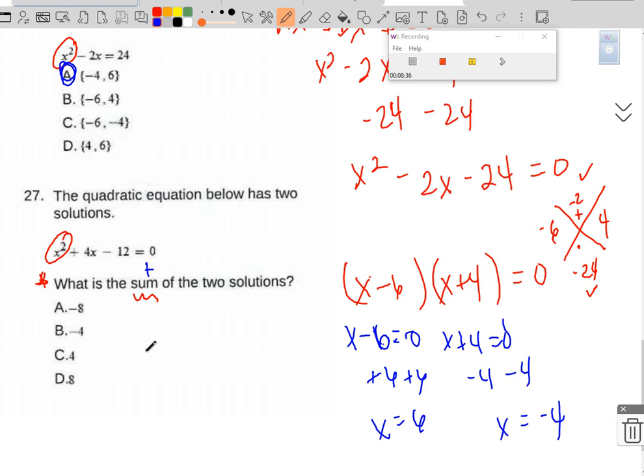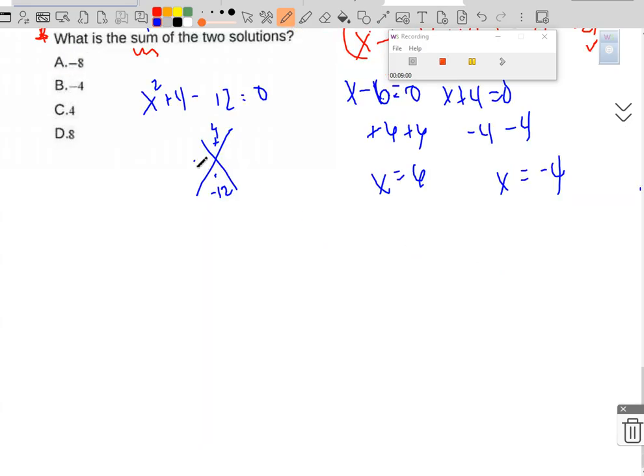So x squared plus 4x minus 12 is already in the standard form. Is this one going to be easy to factor? Are there factors of 12, negative 12 rather, that we could add to get positive 4? 6 and 2, very good.